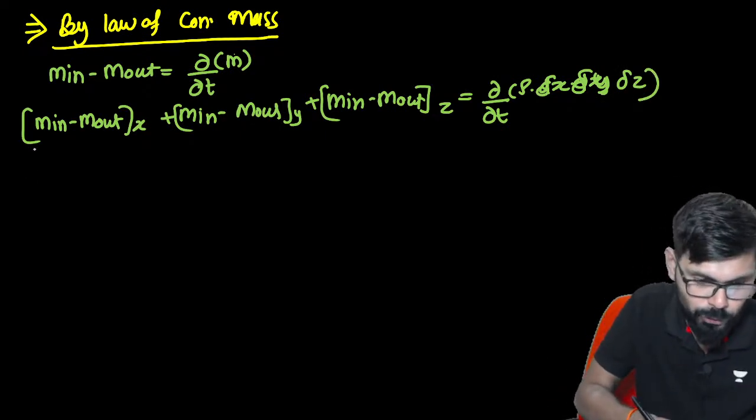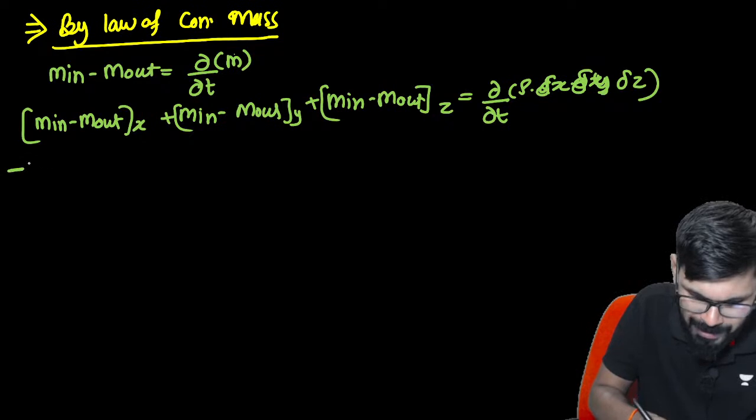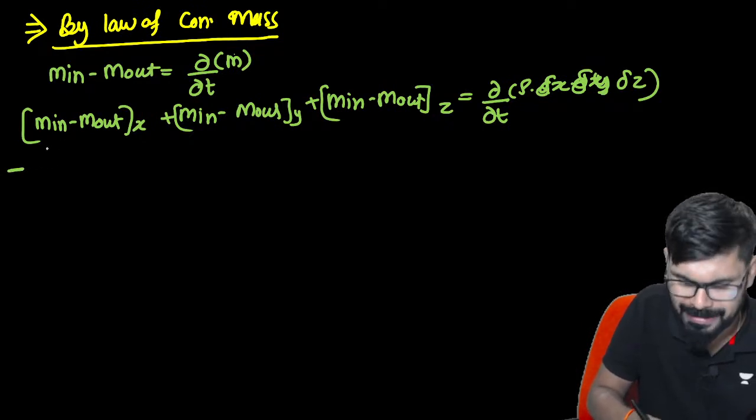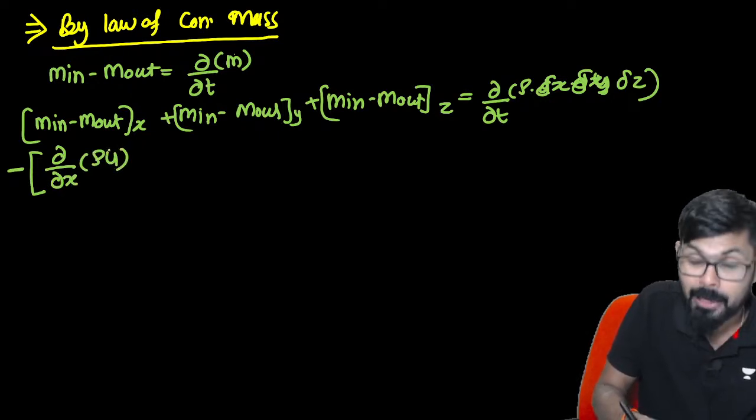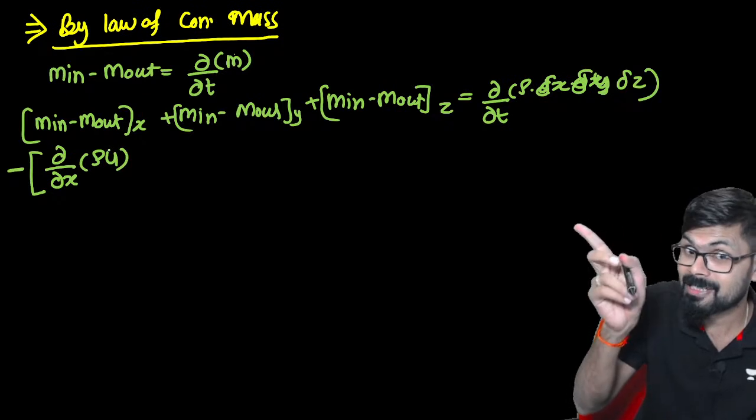अब इन सब का वैल्यू रख दो. इनका वैल्यू क्या था बेटा, इसमें minus सब में common हो जाएगा. मैं तीनों को एक साथ लिख रहा हूँ, minus सब में common हो जाएगा. So dou by dou x of rho into u. Now delta x delta y delta z is also common, right.